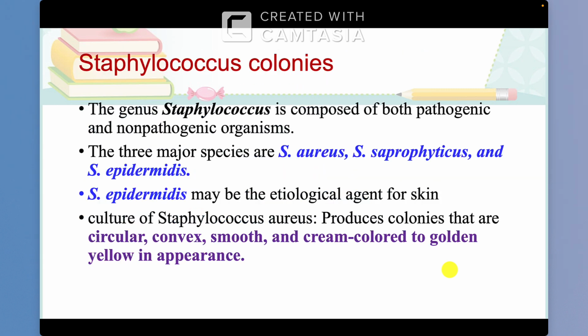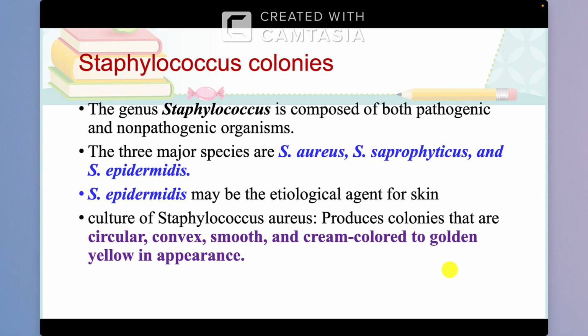Staphylococcus, of course, is a gram-positive bacteria, and it is pathogenic. It belongs to the family Staphylococcaceae and contains more than 45, or today maybe more than 50 species under the Staphylococcus genus.